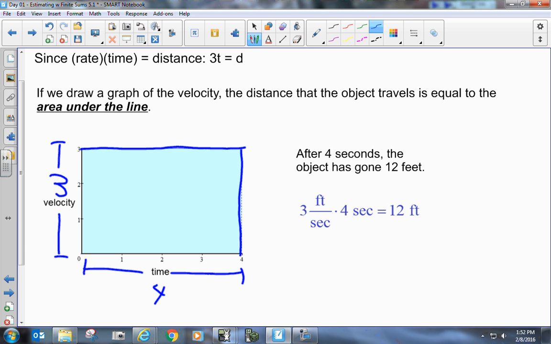It's a rectangle, 3 by 4. Therefore, the area of that rectangle gives us the distance traveled. That's the area under the curve. Okay, simple connection. You don't have to memorize this, but you'll be able to apply it easily using LRAM and RRAM, because as we know, not everything is constant, hence calculus. Right? Curves define that point right there.